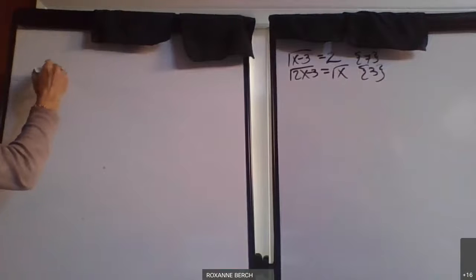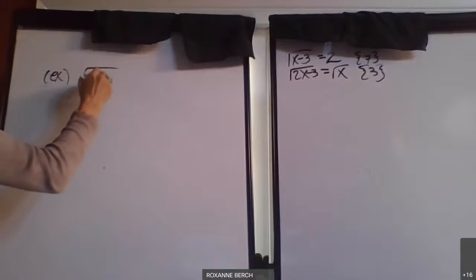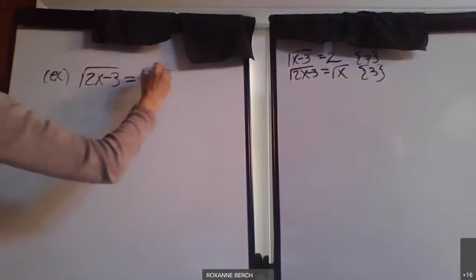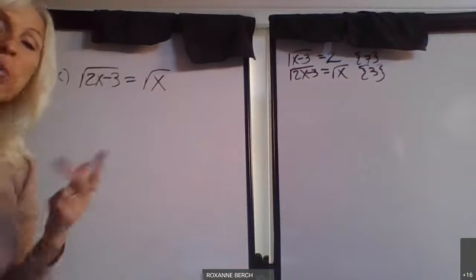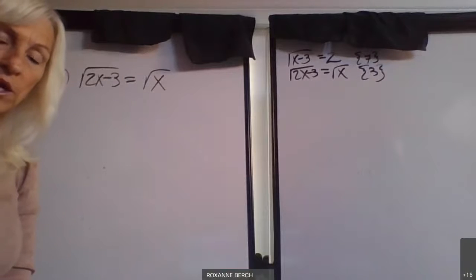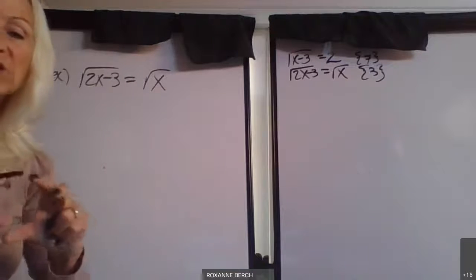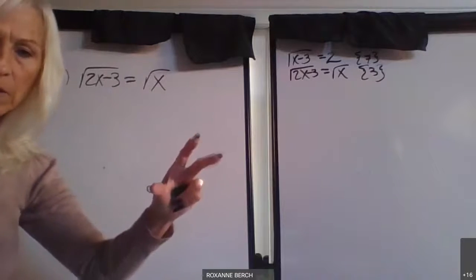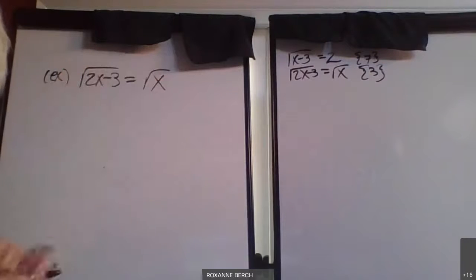Okay, let's do the other problem that I did with the calculator. You're solving it, and it was the square root of 2x minus 3 equals the square root of x. If you have two radicals with an x, you want to split them up. So you want them to straddle an equality.